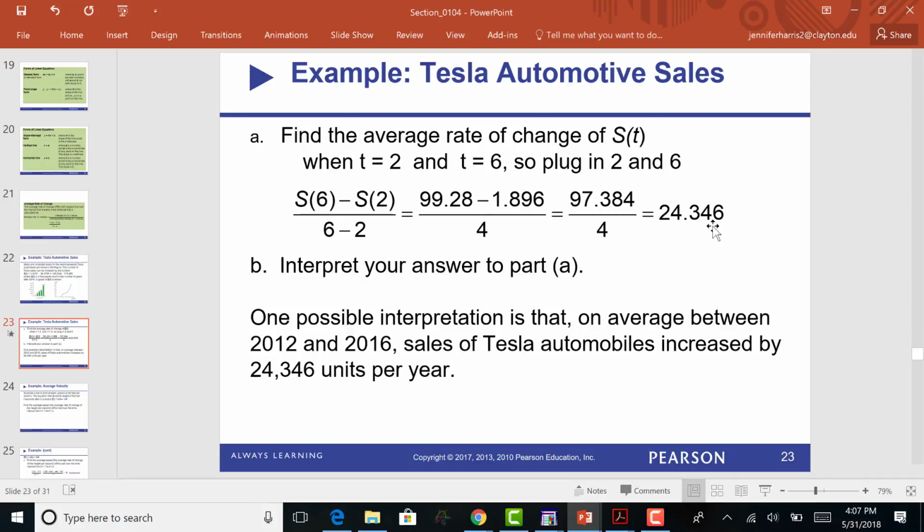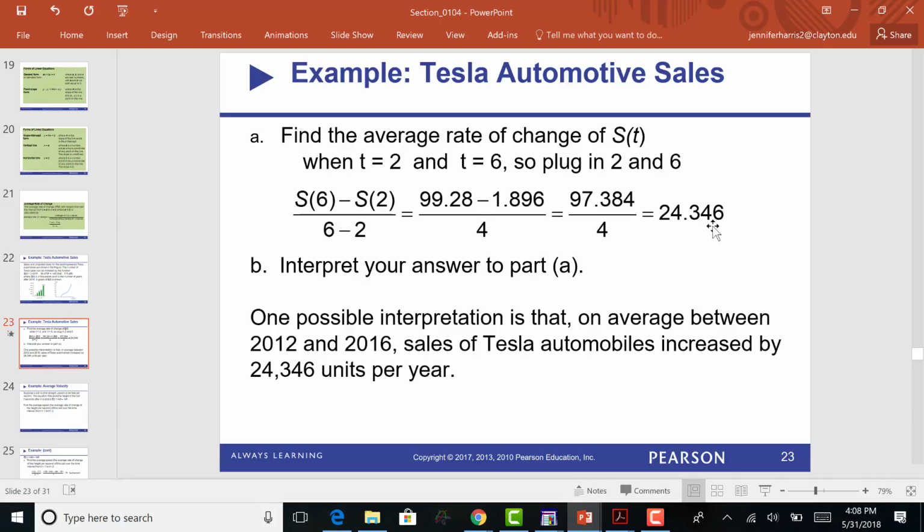The average what? Rate of change. The average rate of change. And was the rate of change positive or negative? Positive. So you knew it went up. So from 2012 to 2016, the average rate of change went up how much?